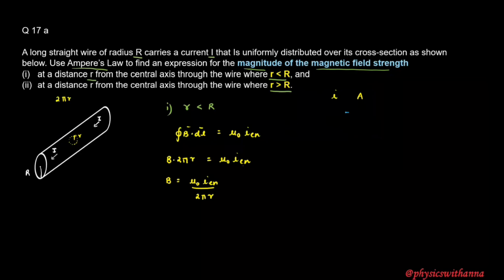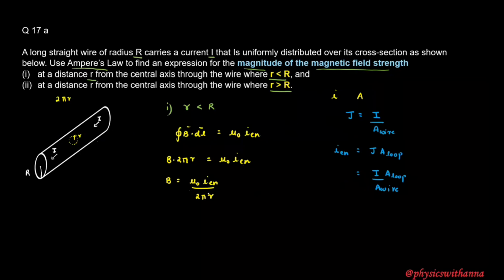We know that current density J is the total current per unit area of the wire. And I can find current enclosed within the loop, which is I enclosed, by multiplying current density with the area of the loop. So we get this as I times area of the loop over area of the wire. So this will give me the total current passing through the Amperian loop.